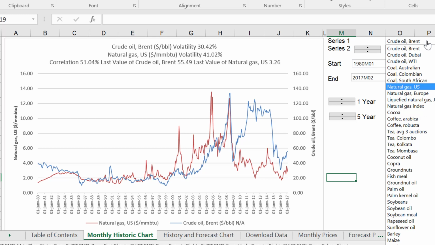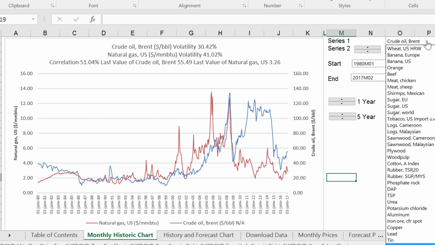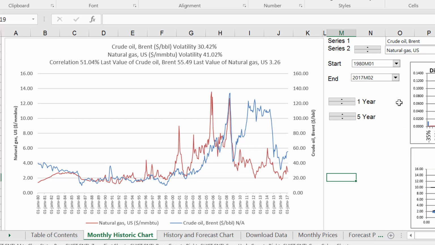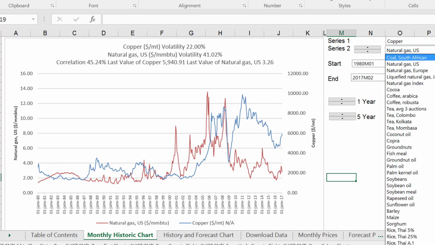We've got crude oil, natural gas, Europe, Japan, and US, cocoa, coconut oil, maize, wood, copper. Let's put the price of copper and compare the price of copper to the price of oil.